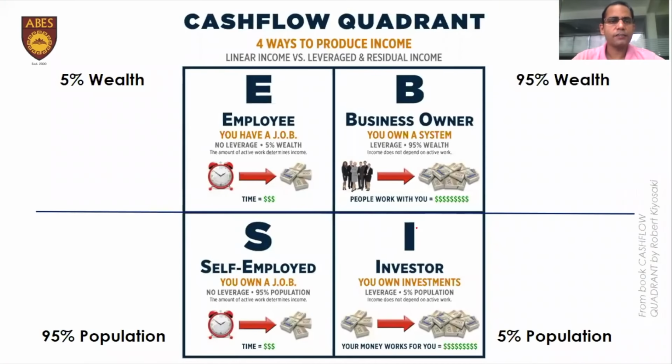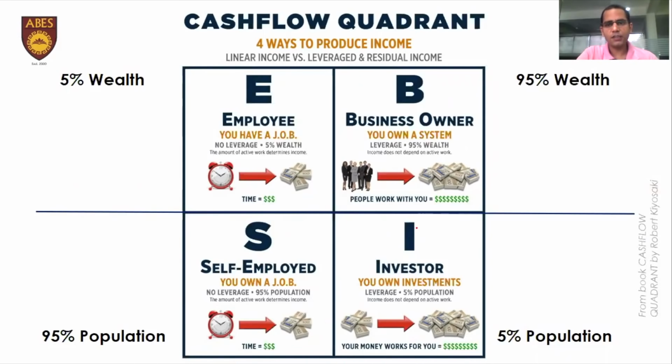All right, this is the famous Robert T. Kiyosaki cash flow coordinates, where the left side is E and S and the right side is B and I. E means employee, S means self-employed, B means business owner, and I means investor. Any individual can take or join any of the coordinates as per their own choice.